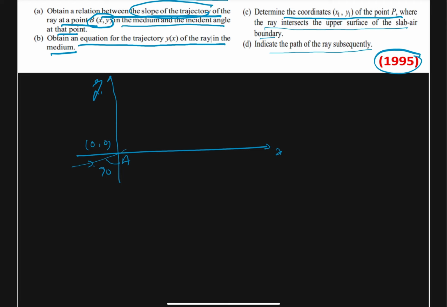It will be traveling something like this, and a random point B is, let us suppose, here, and its coordinate is given as x comma y.